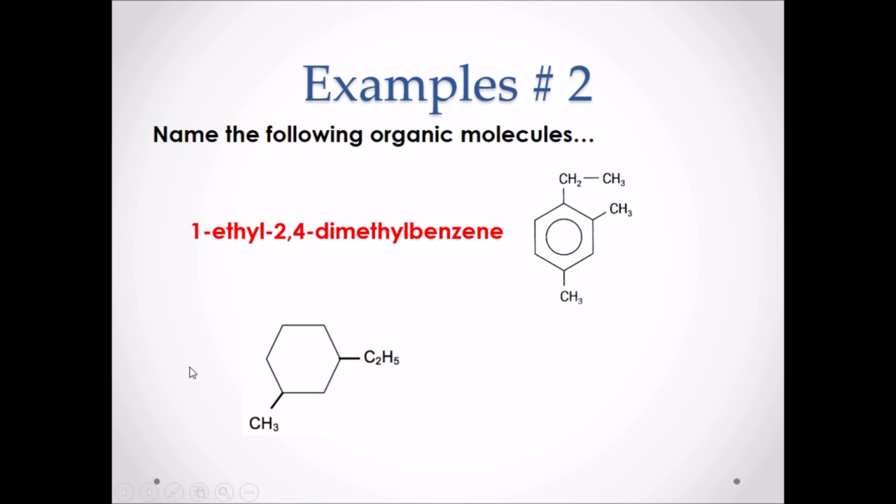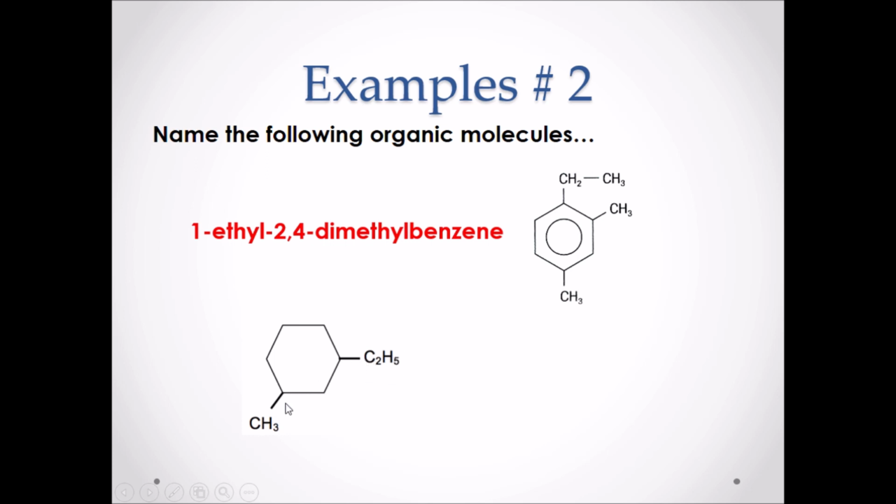In our second molecule, notice how there is not a circle within the ring structure. Therefore, this is not a benzene. This is simply a cycloalkane with 1, 2, 3, 4, 5, 6 carbons. There is also 2 branches coming off the ring structure. A methyl branch located here and an ethyl branch here.